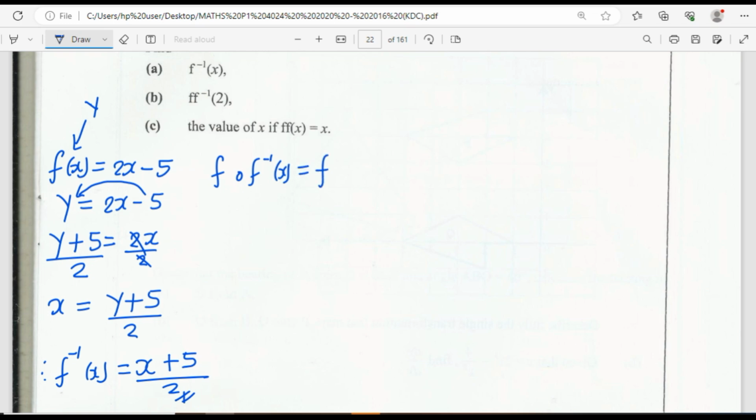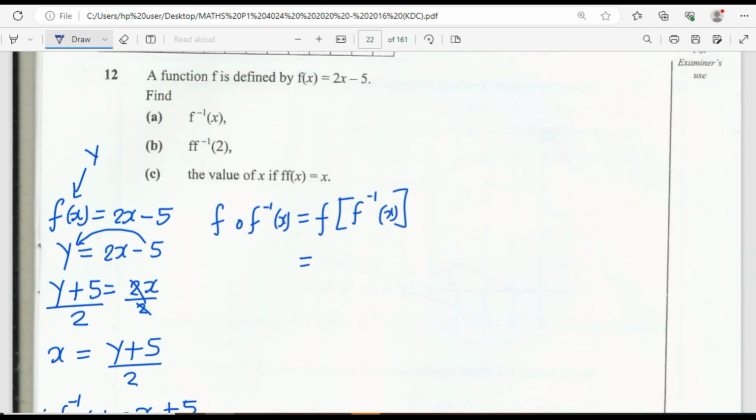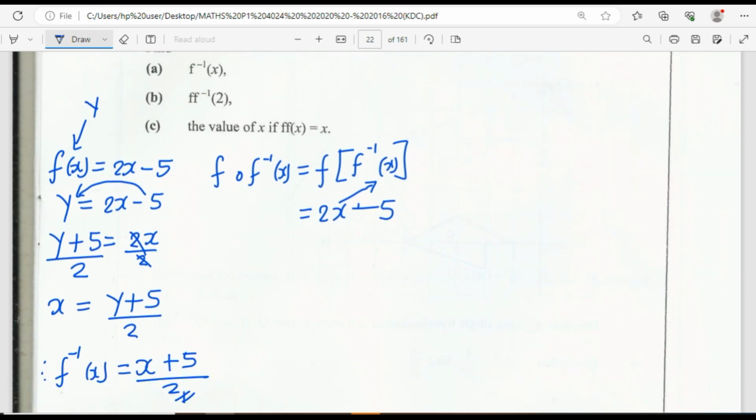We begin with f, then the inside function will be f inverse of x. The original function f is this one here, so you say 2x minus 5. Now where there is x is where we're going to put f inverse of x. So this is 2 open brackets, where there is x, we put this.